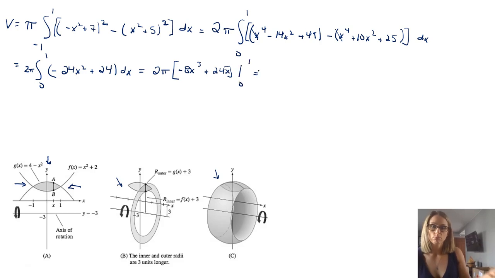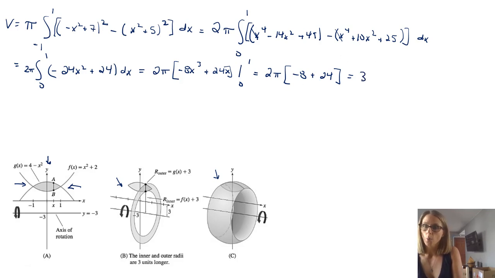Luckily, putting in 0 is not going to be an issue, so we just need to put in 1. So we put in 1 and we get -8 plus 24. And that's going to be 16 times 2 pi, or 32 pi. And it does say find the volume, so we'll say units cubed.